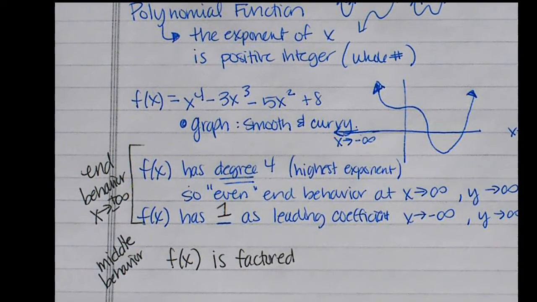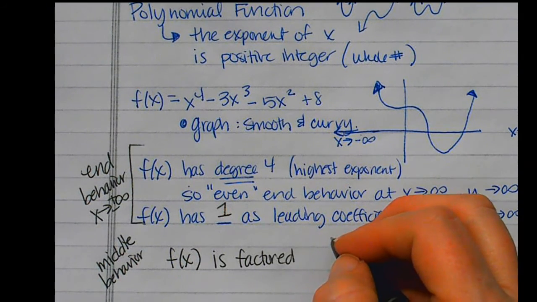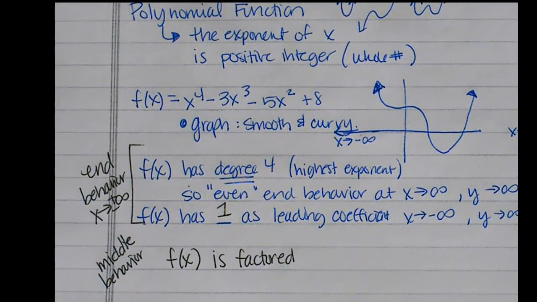In this example, I don't actually have how this is factored. It must factor as 1, 2, 3, 4, something like 4.5. I don't know how it factors. We'll have to do another one that I can actually factor in a minute.